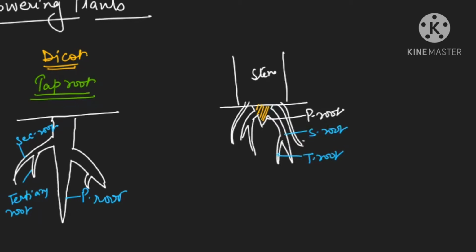Let me use a different color so that it will be easy for you to understand. So these are the ones which are coming from the base of the stem and such a root system is known as fibrous root system. This system is common in monocots. Monocots have the fibrous root system and dicots have the taproot system.